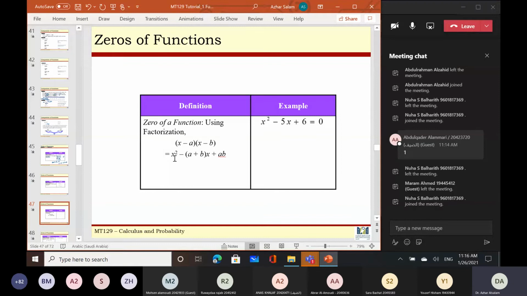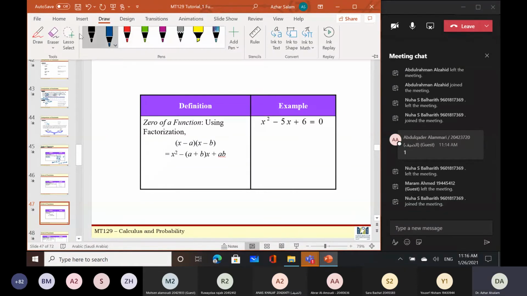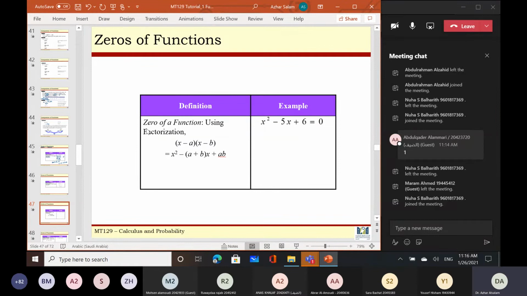Also, if I have a quadratic function, لما يكون عندي دالة تربيعية, and I have to factorize or find the solution of this equation, of course I have two methods.